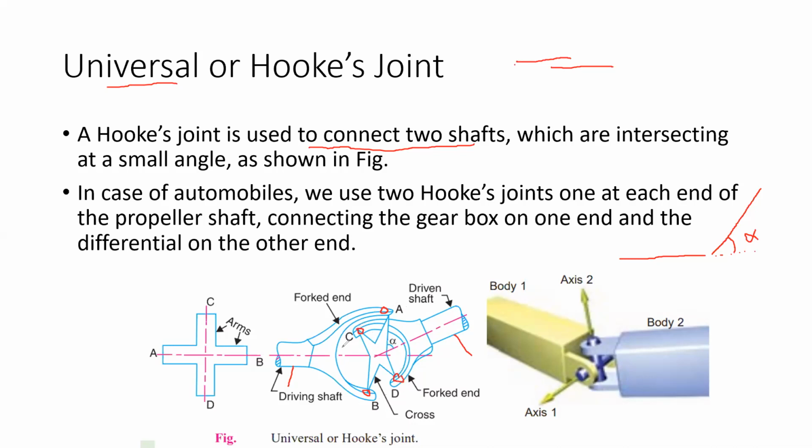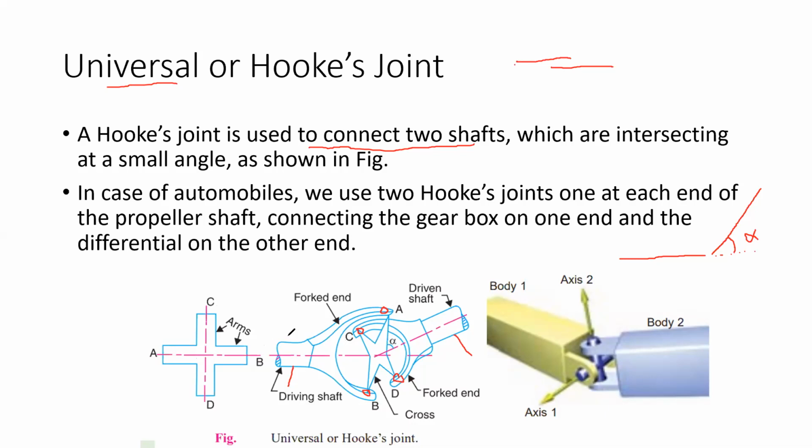Now you need to fit this cross into the bearings or holes of the fork ends. One arm, say AB, fits into the driving shaft like this, and the second arm CD fits into the driven shaft.